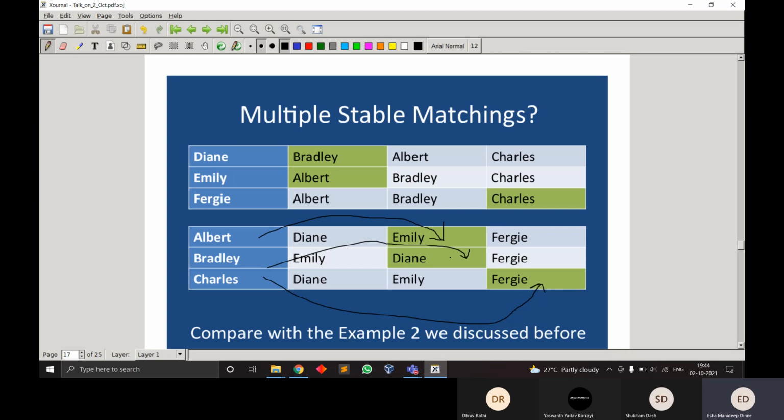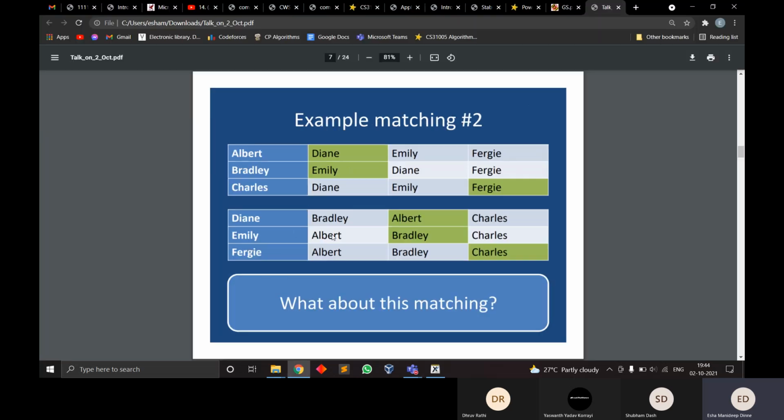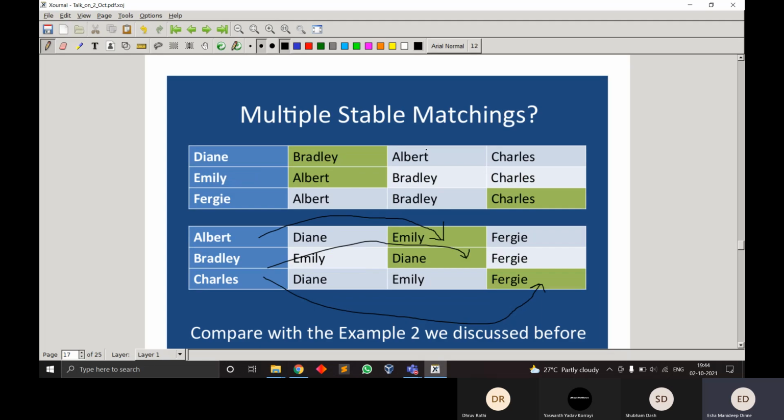Bradley is with Diane, his second preference. So you can think that the positions of men and women got exchanged, because in this case the women are happy because they got their first preferences, and in this case the men are happy because they got their first preferences. You can clearly verify that this is also a stable matching, similar to what we did before. So with this, we can be sure that there can be multiple stable matchings. These two serve as an example for that.